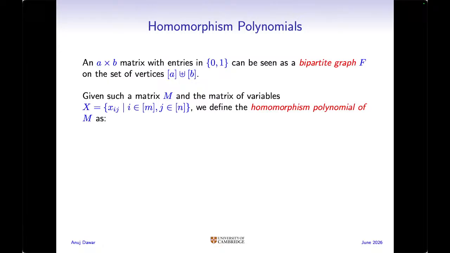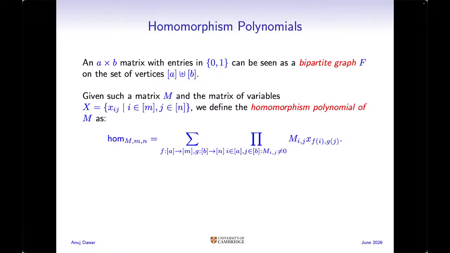And let's say we have a matrix M. Think of M as the biadjacency matrix of F. And say we have a matrix of variables X, of size A by B, which is different from M and N in general. Then the homomorphism polynomial is this polynomial here.